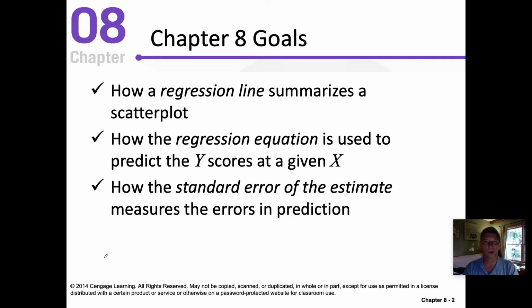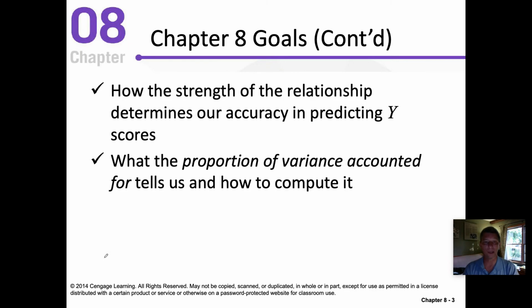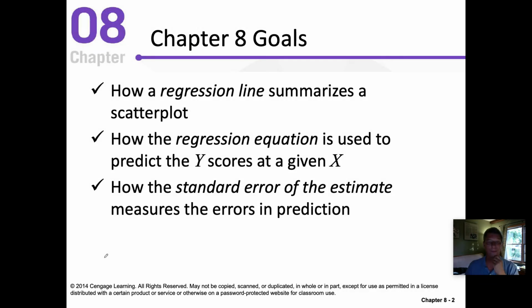If you recall from high school mathematics, we use the line y equals mx plus b. Remember that one? All right, y is obviously the y data, the y-axis point. m was the slope, x was the x-axis data point, and b was the y-intercept.